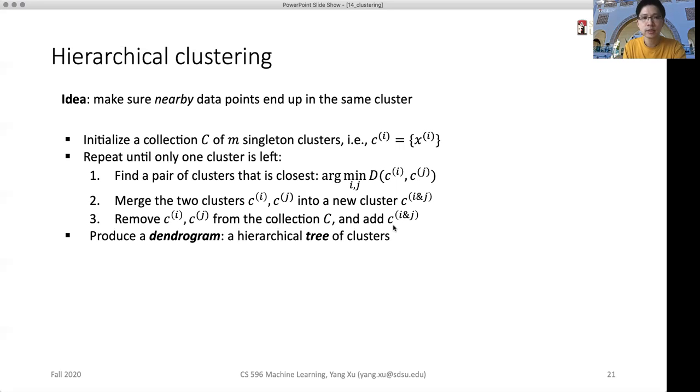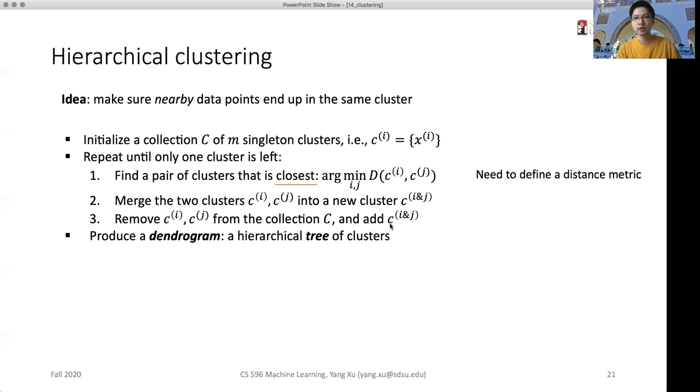These three steps are repeatedly done until there's only one cluster, because eventually we can connect all the data points into one cluster. But don't worry, we will remember all the merging steps, where we add an edge between the two clusters. The result will be a dendrogram, which is basically a hierarchical tree of clusters.